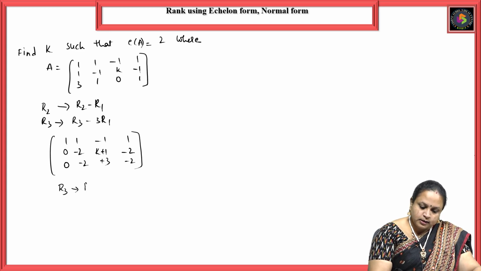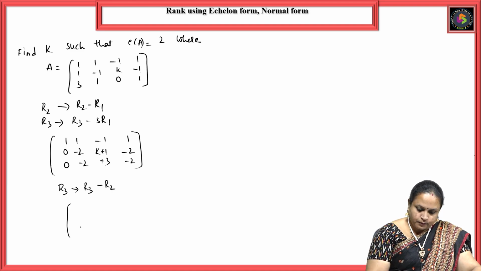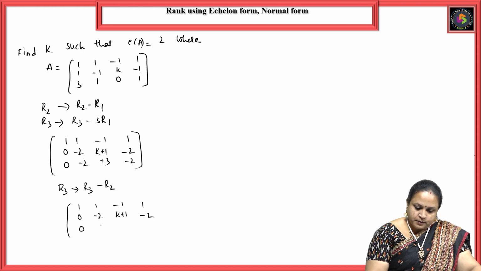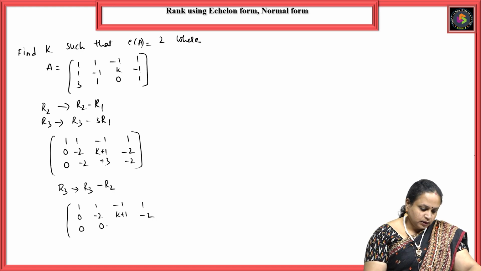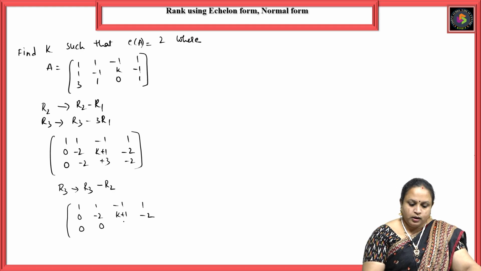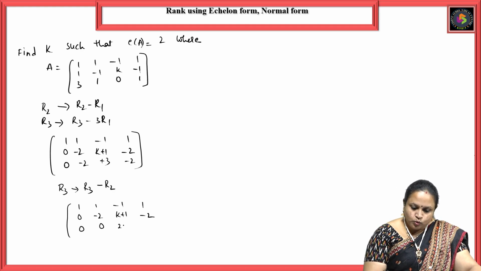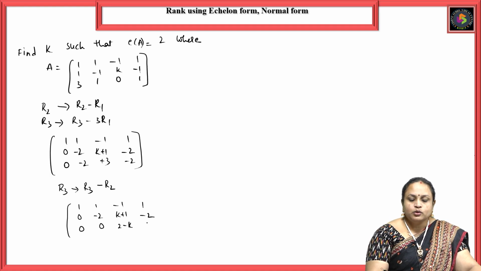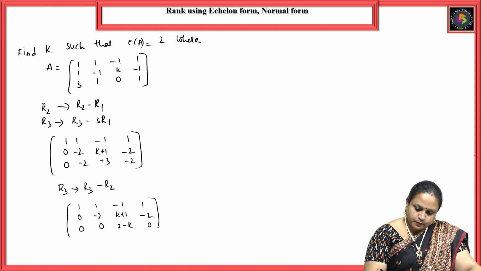R3 implies R3 minus R2. 1, 1, minus 1, 1, 0, minus 2, K plus 1, minus 2, it becomes 0, 0, then 3 minus K, minus 1, so 3 minus 1 is 2 minus K, minus 2 plus 2 is becoming 0.